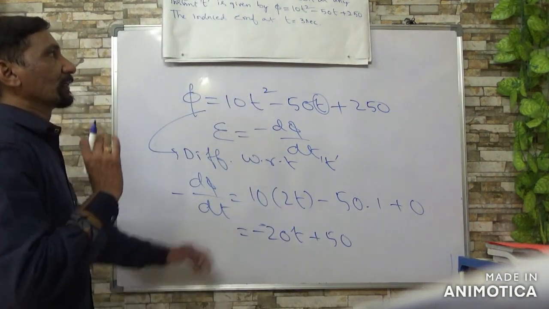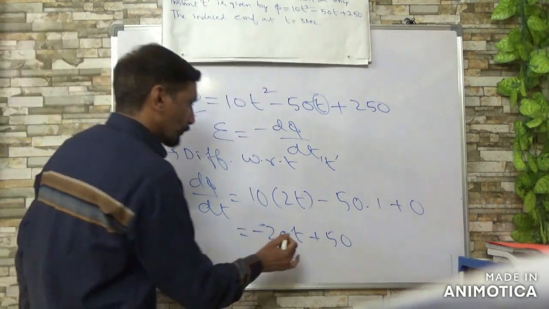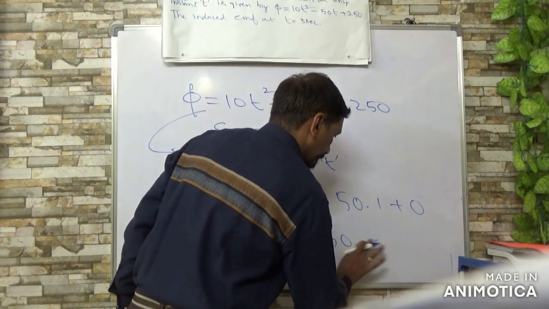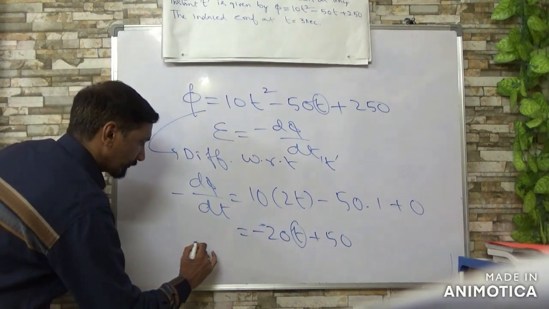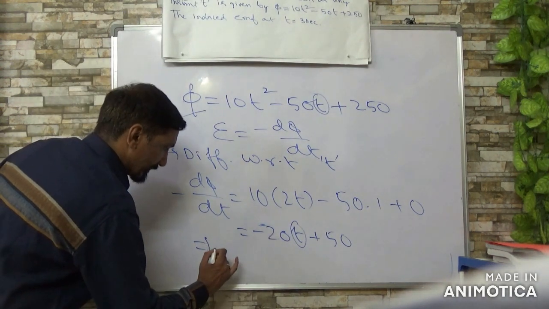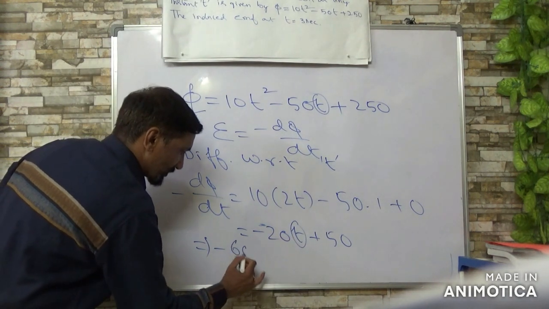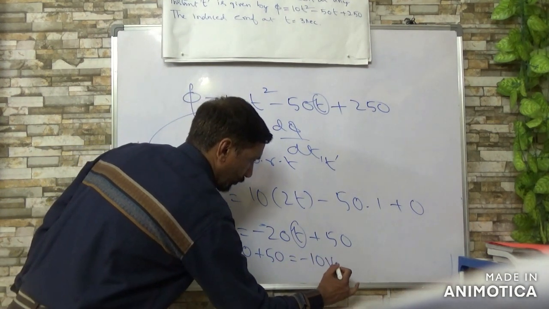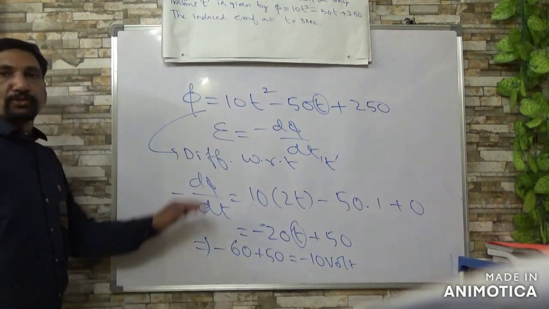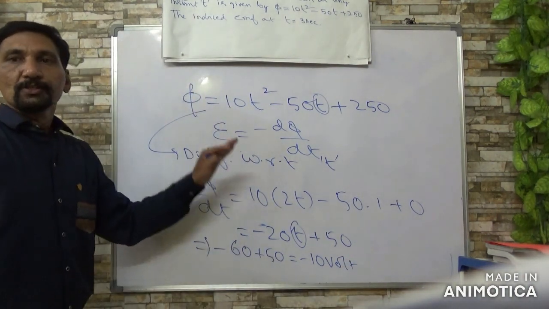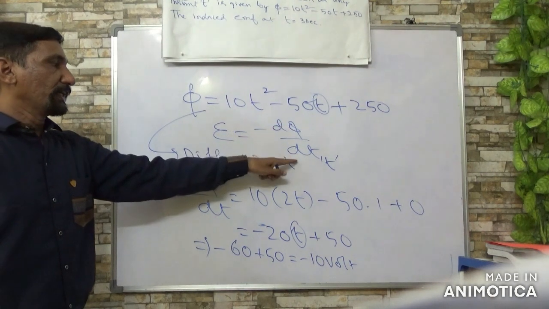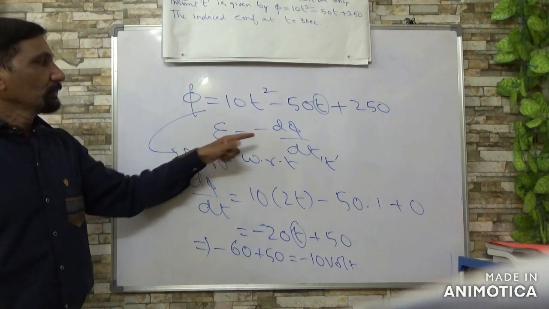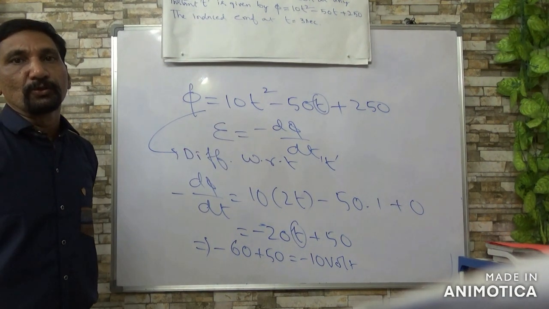You want it at 3 seconds, so put t equal to 3 seconds. So it is minus 20 into 3, minus 60, plus 50, nothing but minus 10 volt. The unit of EMF is volt. So differentiating flux with respect to time, you get EMF. This is the formula we are using.